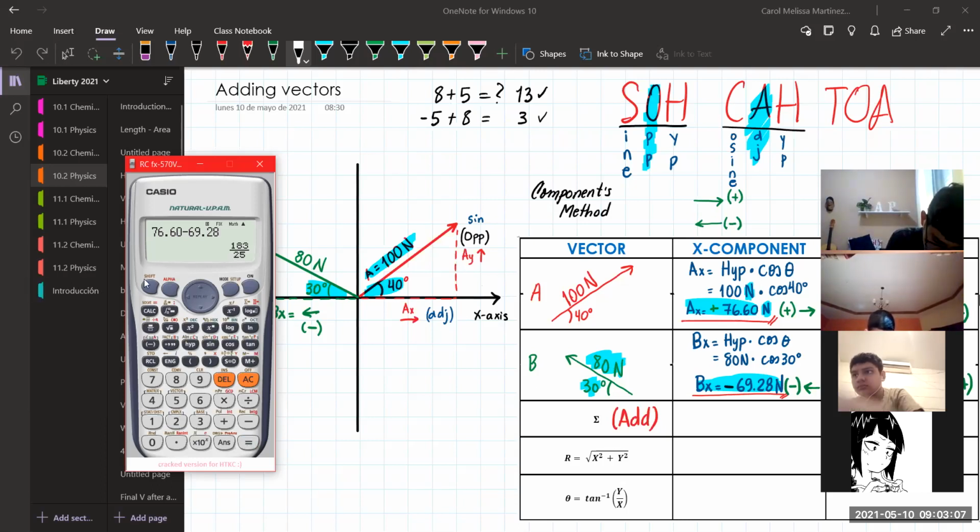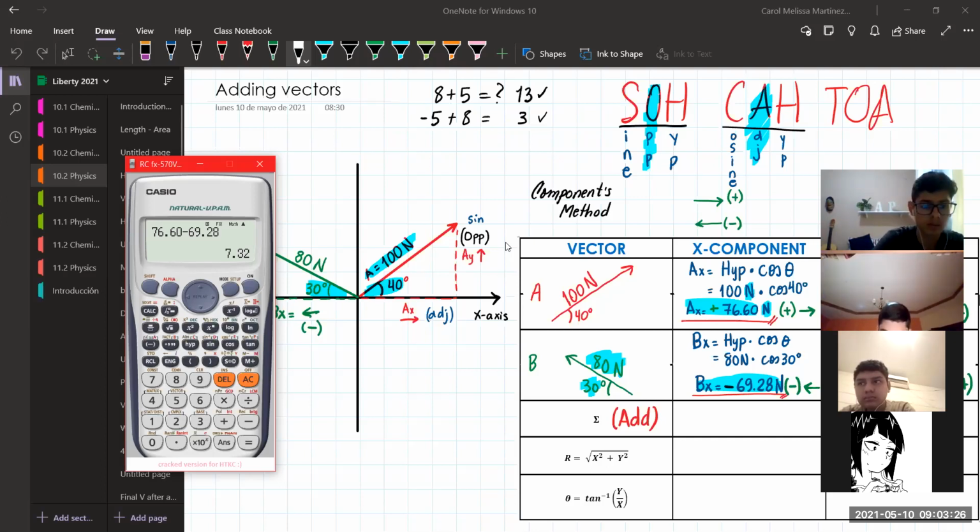And this gives you 7.32. As you can see, it's positive 7.32.